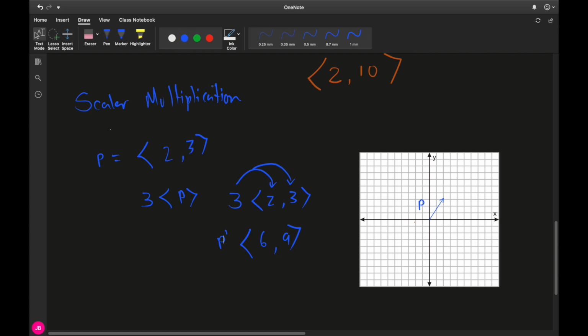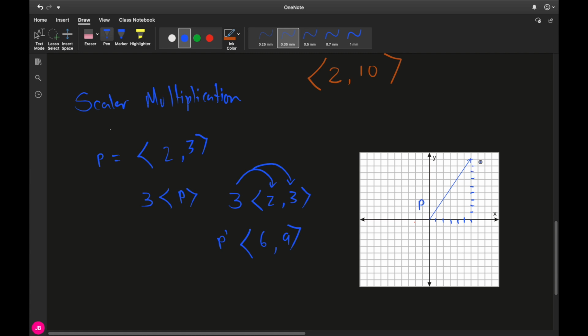And what you're going to notice is that what you did was just sort of extend the vector, because now we have 1, 2, 3, 4, 5, 6 and 1, 2, 3, 4, 5, 6, 7, 8, 9.